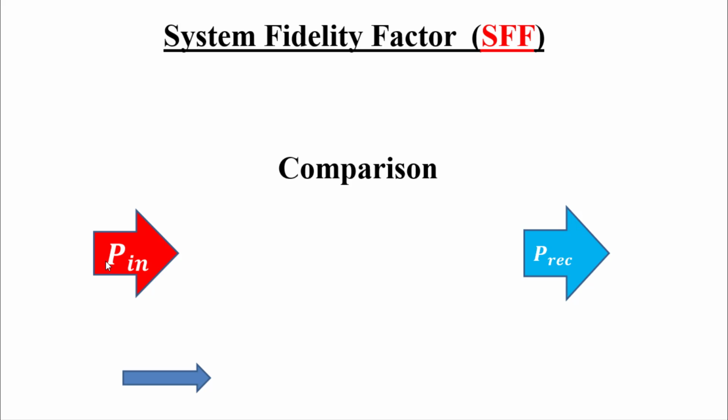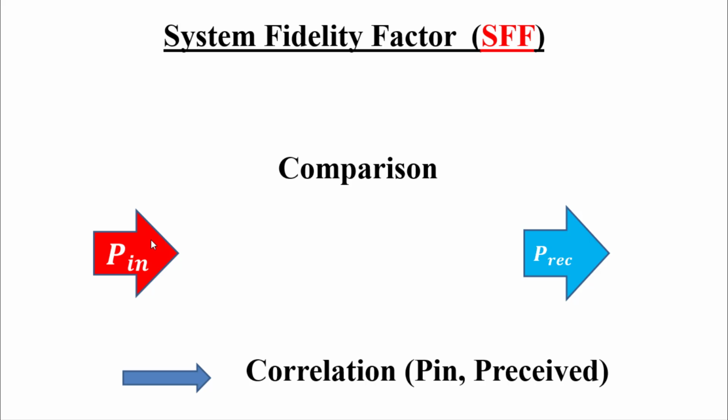When we say P input, it means the power delivered by the source toward our antenna. So in this video I talked about the definition of fidelity factor and system fidelity factor, these two popular cases.